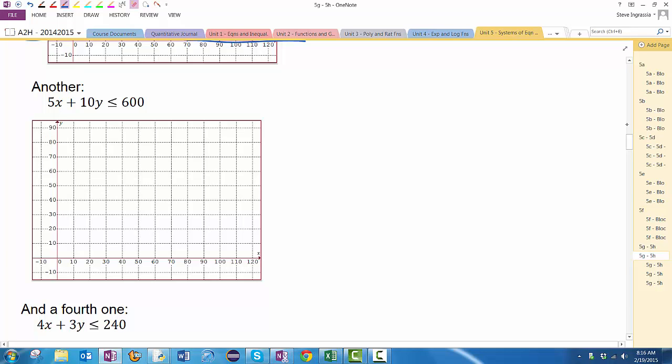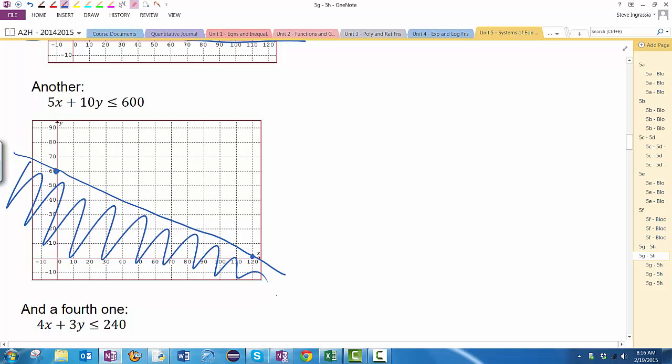Then I get 10y equals 600, y equals 60. So that point's on the line. What happens if y equals 0? I get 5x equals 600. That means that x is 120. That point's on the line. I connect these in a line, and I shade the appropriate side.